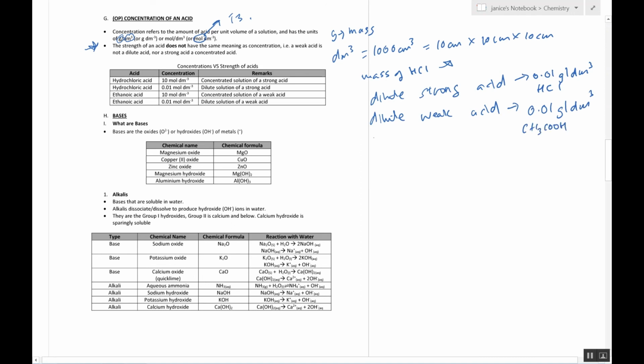And then you can also have what we call a concentrated strong acid. Maybe you have 10 grams per dm cube of HCl. This idea of dilute and concentrated, we will look at in more detail when we do the mole concept, mole calculation.